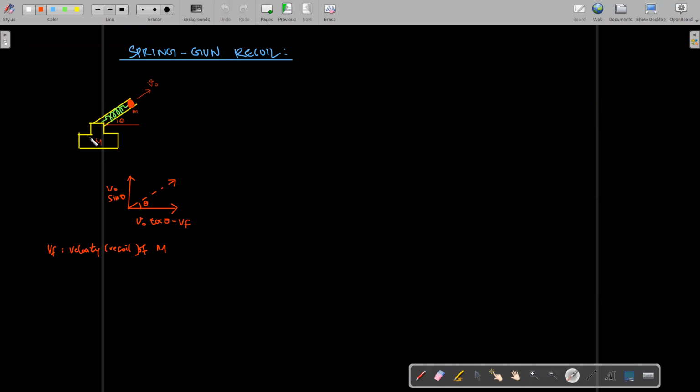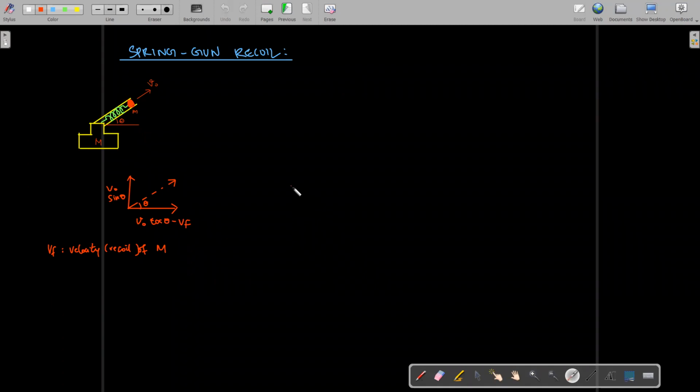Okay, and the system gun has a mass capital M. The ball which will be thrown out of the gun when you pull the trigger has a mass small m. Okay, and say the angle between the horizontal and the direction in which the mass moves is theta.